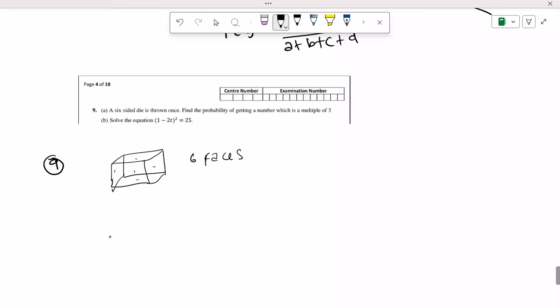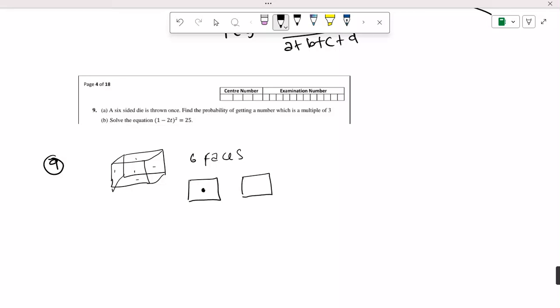It has 6 faces. So meaning total probability here is 6. Each face will have something like this for those who have seen dice.